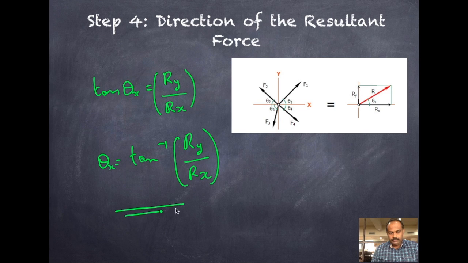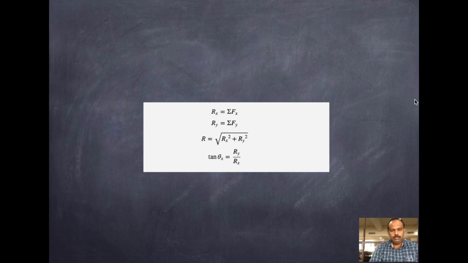This is how we find the theta of the resultant towards the horizontal. If we look at the equations, this is how it will look: Rx or sigma Fx, and Ry, the resultant of the vertical component or sigma Fy, and the resultant is the square root of Rx squared plus Ry squared, and tan theta x is equal to Ry divided by Rx, and theta x will be tan inverse of Ry divided by Rx.